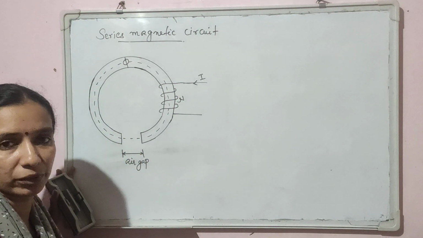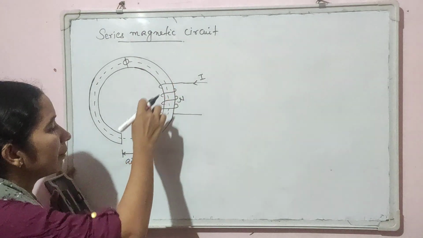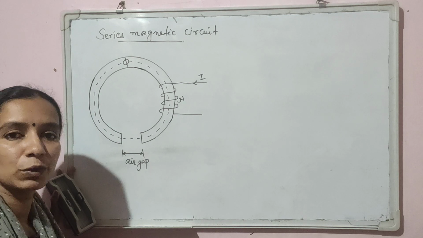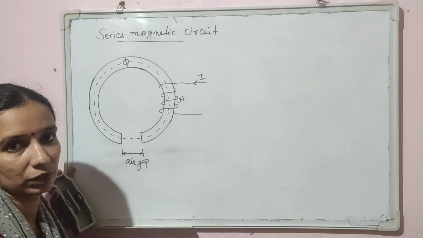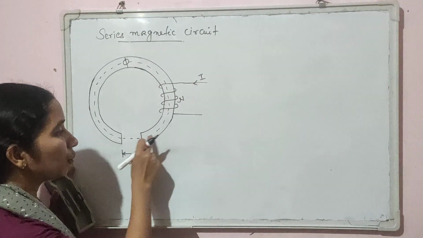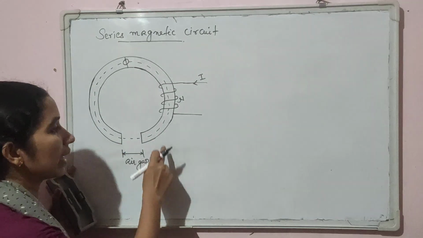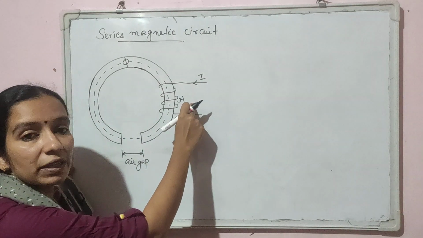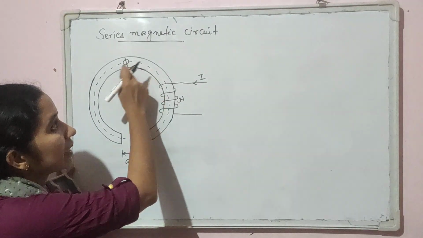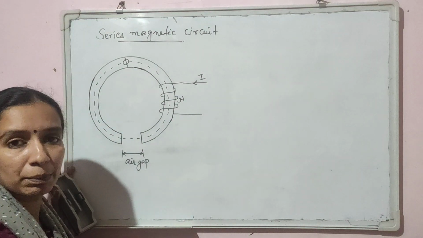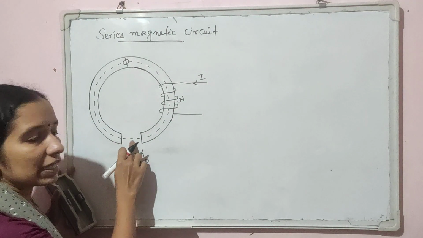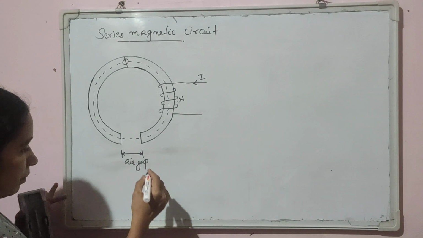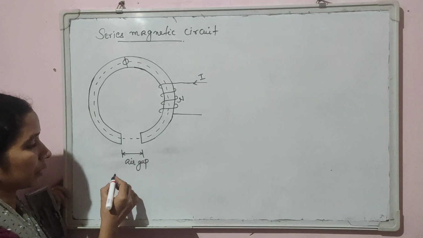MMF is the force producing flux in a magnetic circuit. As there are two different magnetic materials, iron and air, a part of the MMF is used for setting up flux in the iron, and the remaining MMF is used for setting up flux in the air path.